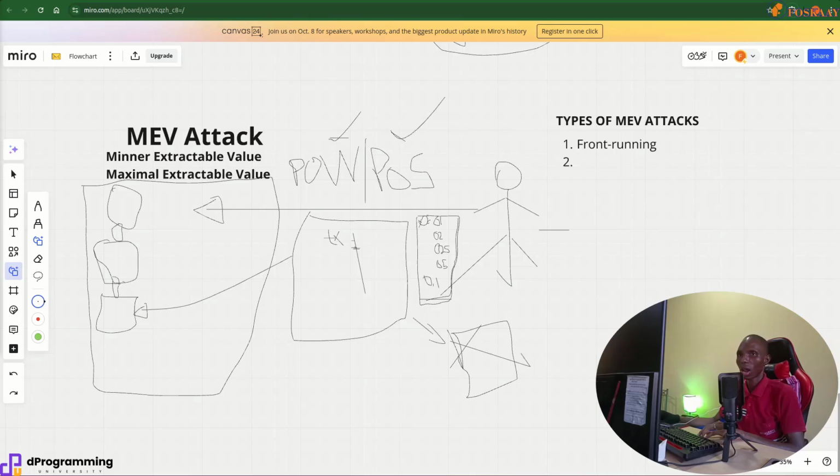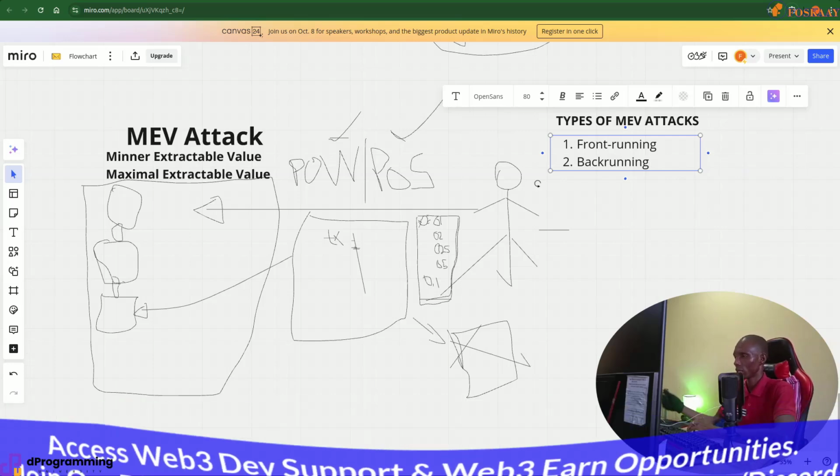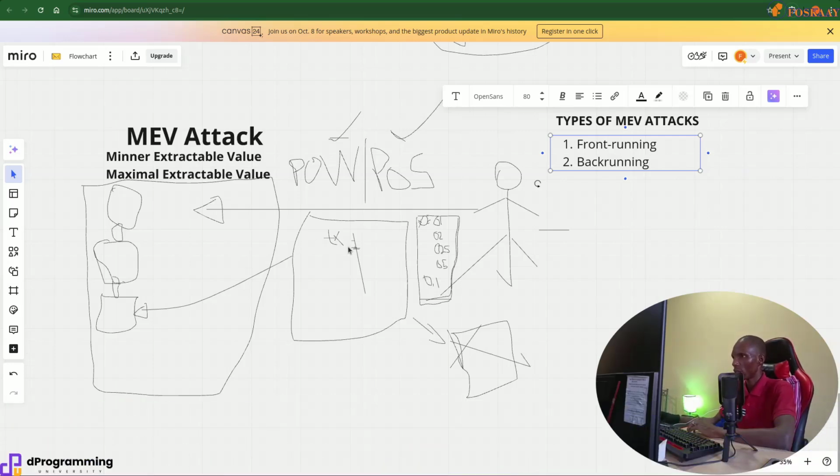Then another one that is similar to it is what is called back running. In this case, the attacker places their malicious transaction after the victim transaction has been executed. So for example, when you are dealing with some token, this happens in different ways, I'm just using a much simpler, easy to comprehend scenario.